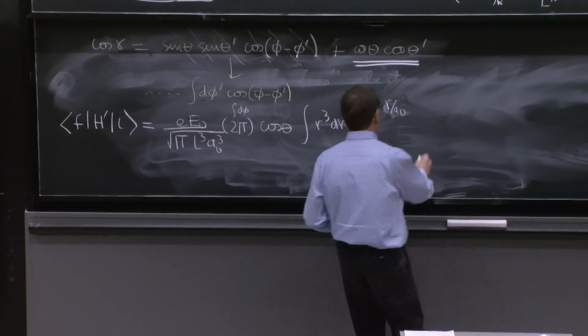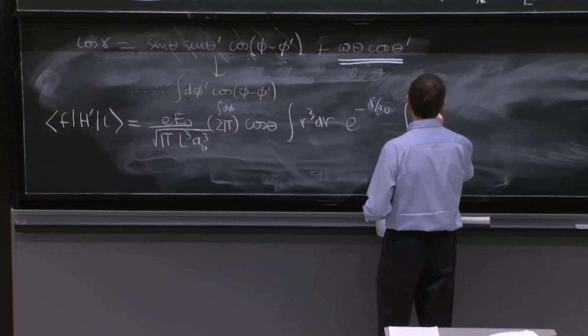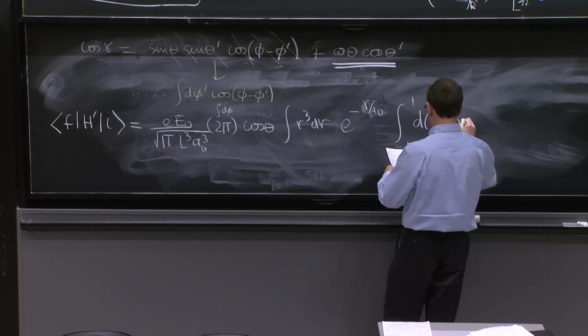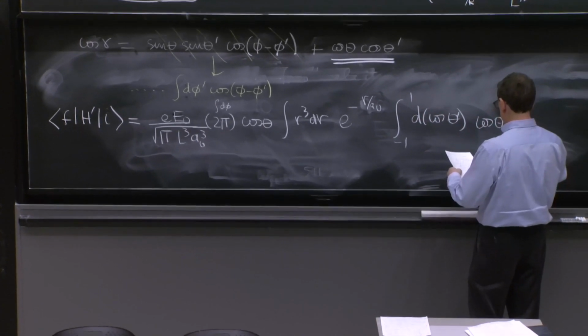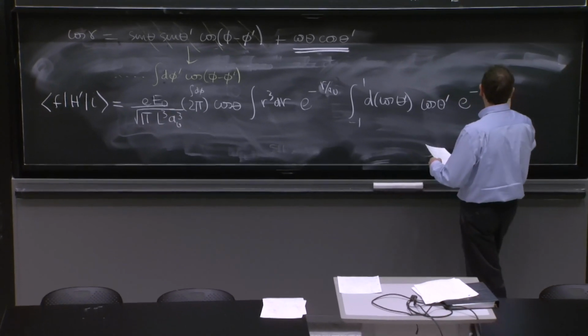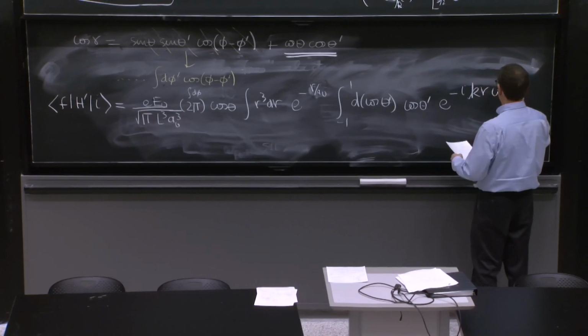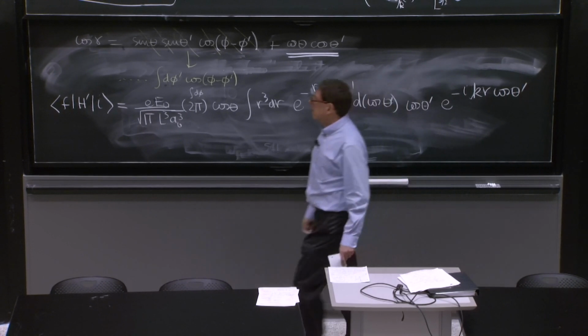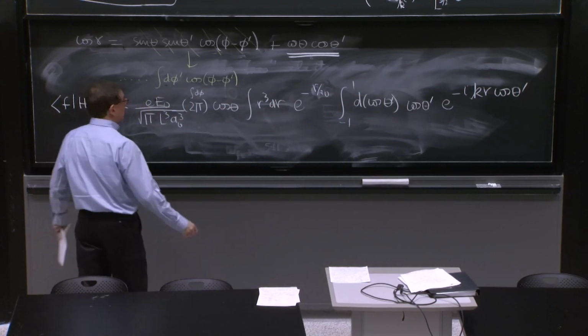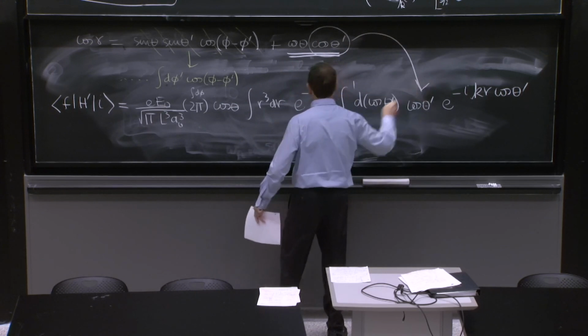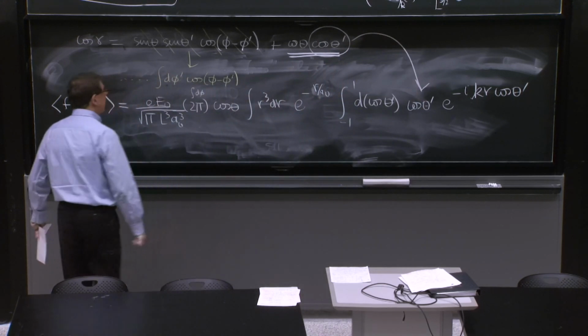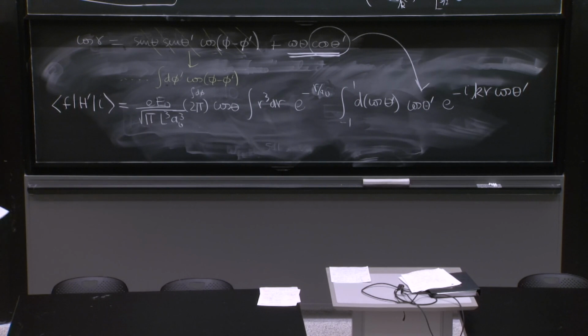So this goes minus 1 to 1 d cos theta prime, cos theta prime e to the minus i k r cos theta prime. This cos theta prime came from here.